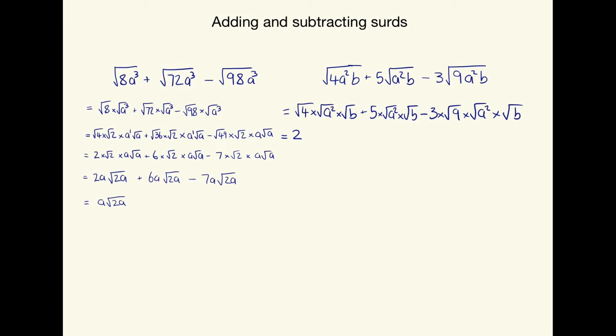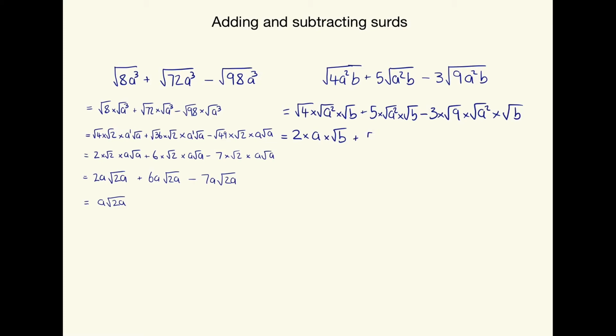Whenever you have an even number, all you need to do is halve that number. So that number becomes 1, and so you end up with a to the power of 1, which is just a. So it's going to be 2 times a times root b. We cannot simplify root b, so it's going to stay like that.